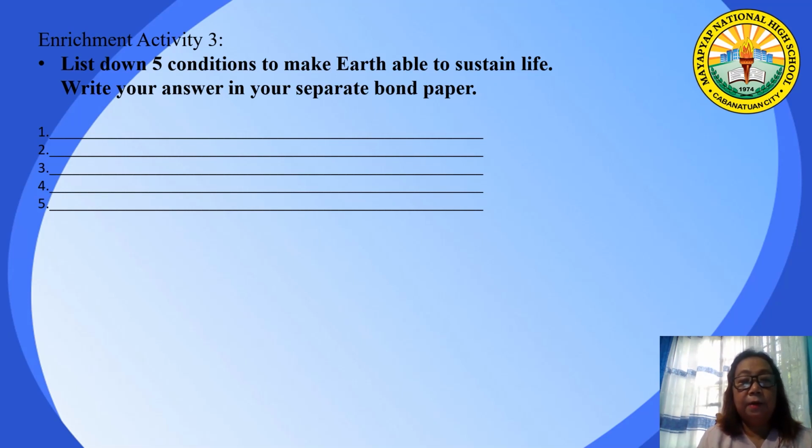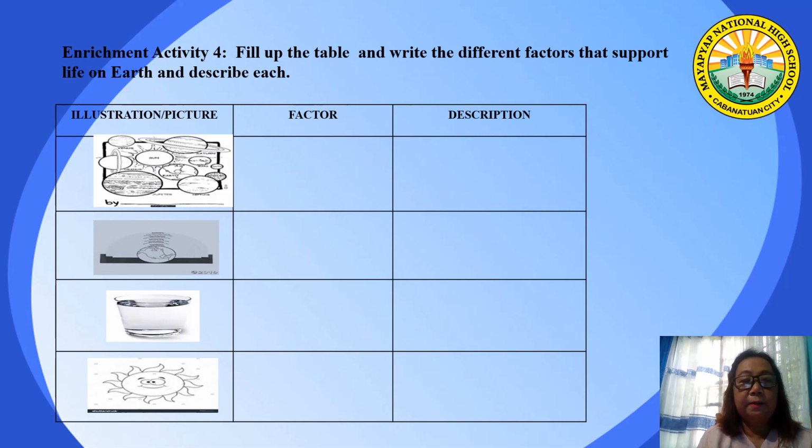Write your answer on a separate bond paper. For Enrichment number 4, fill up the table and write the different factors that support life on Earth and describe each. We have four different illustrations, and you are going to write the factors and describe those illustrations.